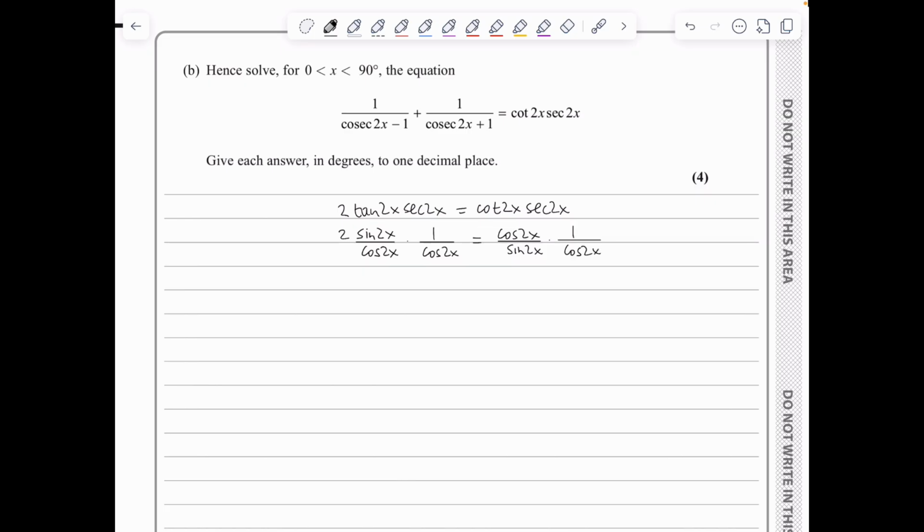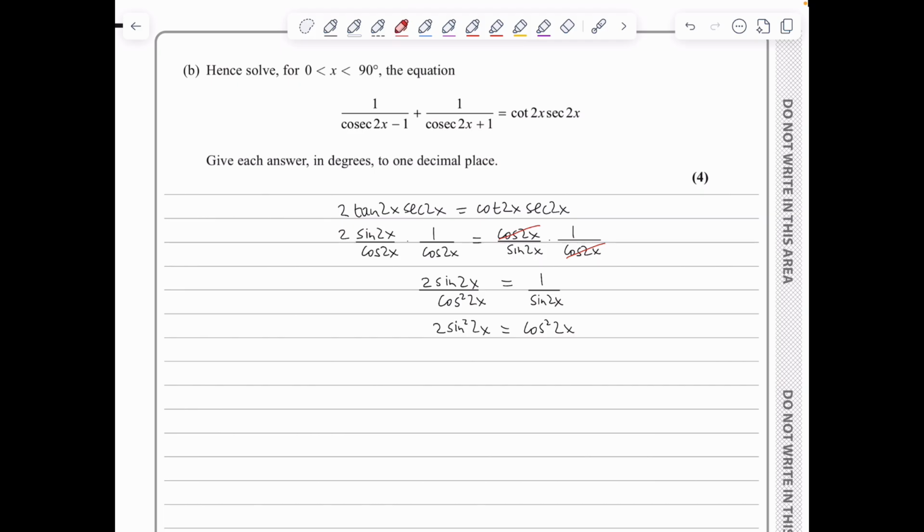Now we can see that the cos of 2x will cancel out. So we're looking at 2 sine of 2x over cos squared 2x being equal to 1 over sine of 2x. I will cross multiply to get 2 sine squared 2x being equal to cos squared 2x.